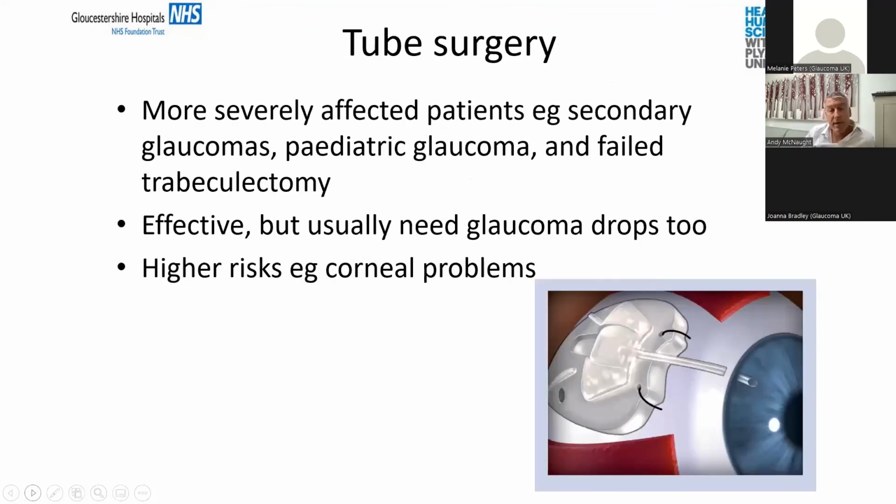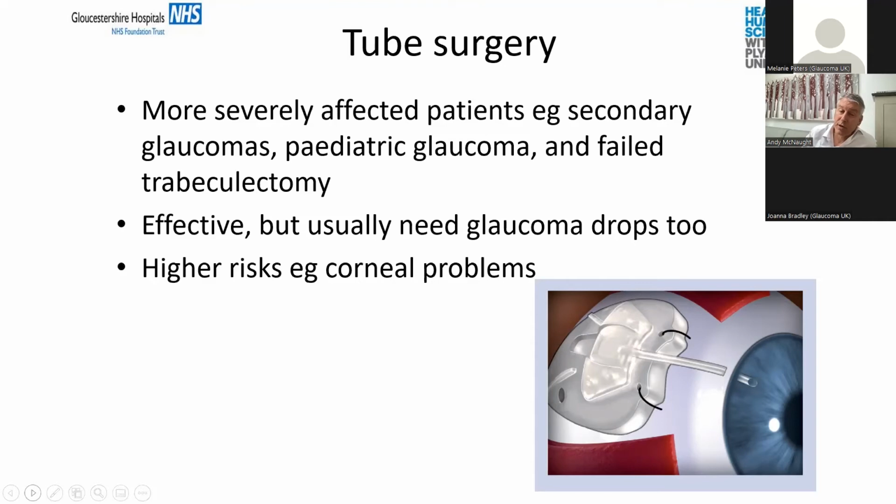So talking about some other ways of doing surgery to lower the pressure, there's tube surgery. That's a less commonly done operation, and it tends to be reserved for patients with failed trabeculectomy operations, severe secondary glaucomas, or children with glaucoma. It's effective, but you don't get such low pressures as you get with a trabeculectomy.